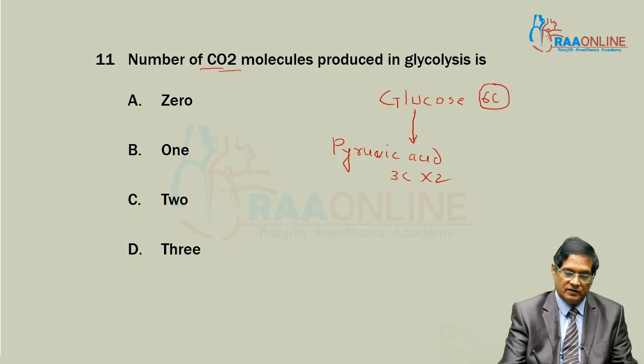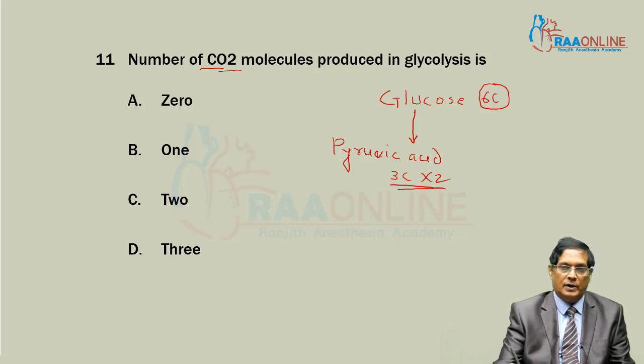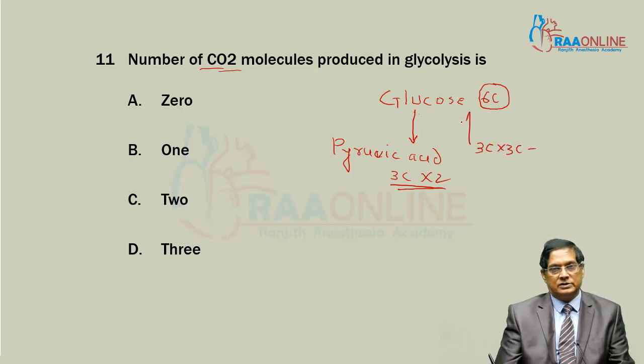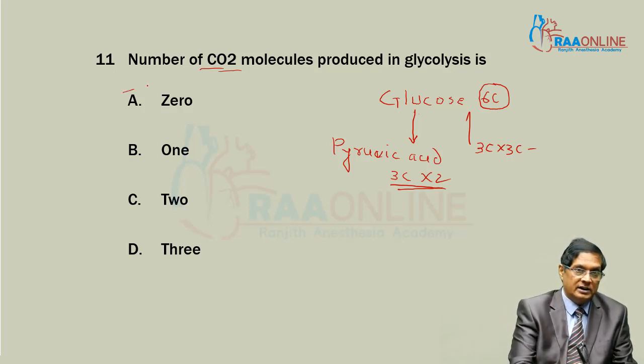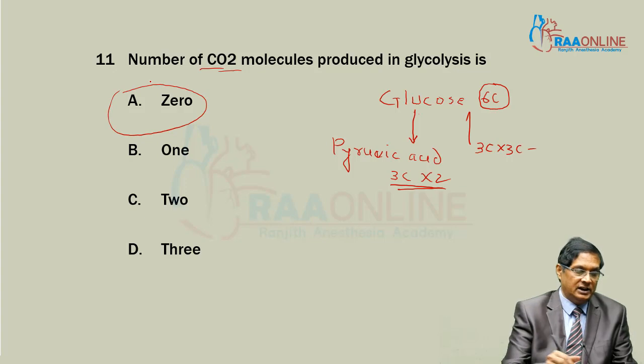That is 3C plus 3C, which again makes 6C. So there is no evolution of carbon dioxide, because 6C becomes 3C but 2 molecules are formed. That's why carbon dioxide does not evolve in any step.